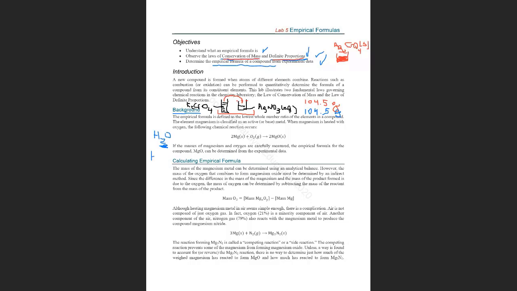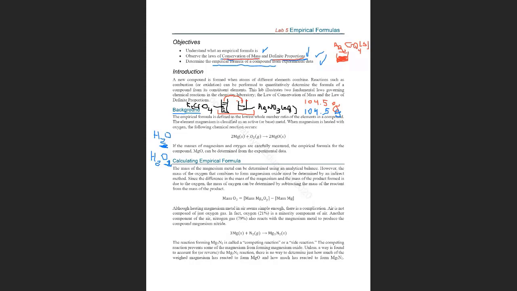But if I have the same elements, hydrogen and oxygen, but a different ratio, like 2 to 2 or 1 to 1, that means the name changes because the ratio is different and it's a different compound. It is hydrogen peroxide. It's not water anymore.